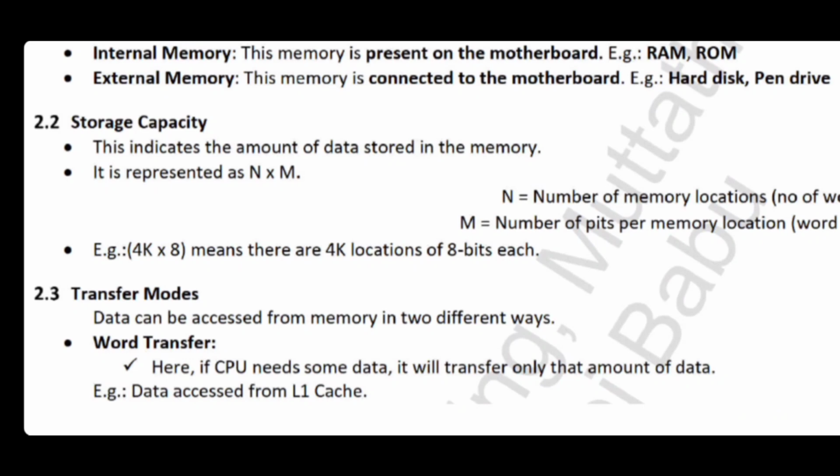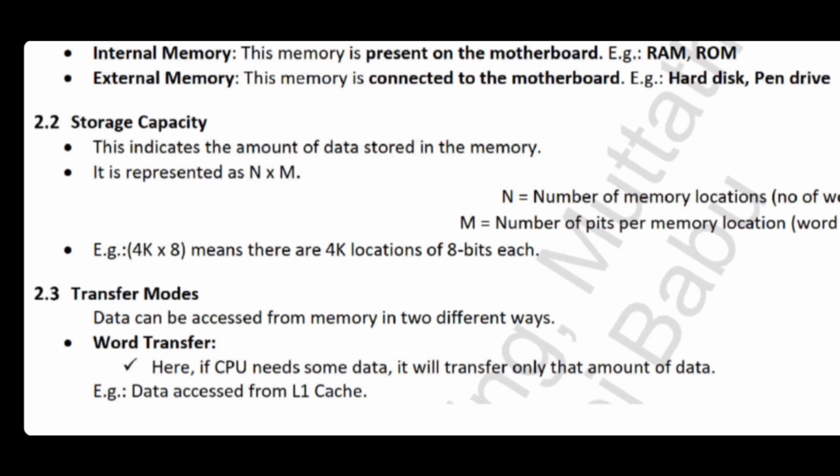Then the third memory characteristic is transfer mode. Data can be accessed from the memory in two different ways. The first mode is word transfer. Here the CPU needs some data, and only that amount of data is transferred from the L1 cache.